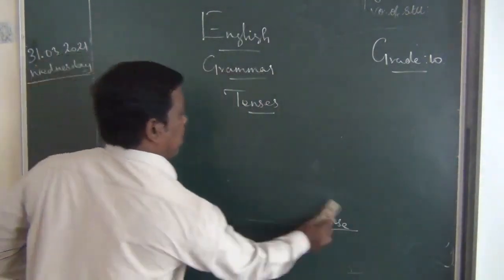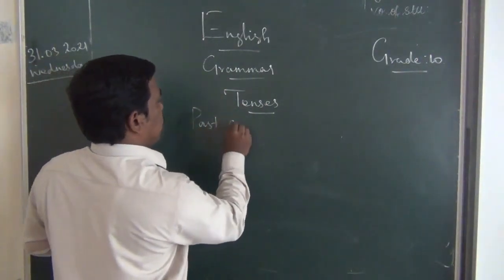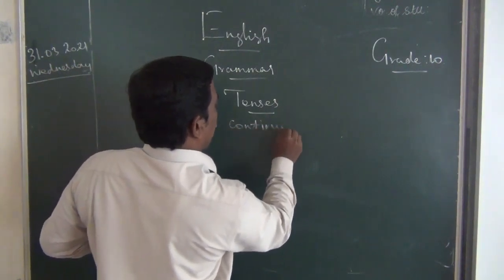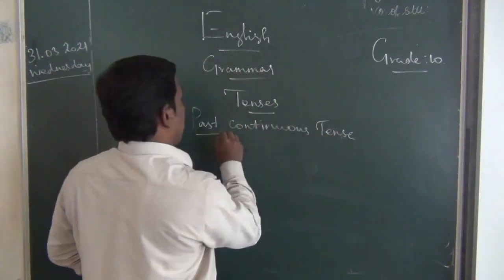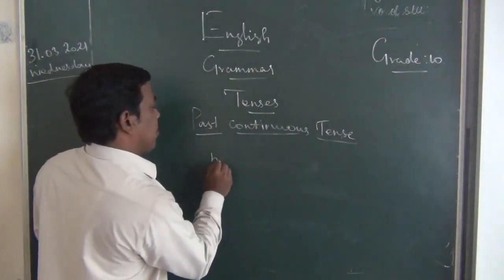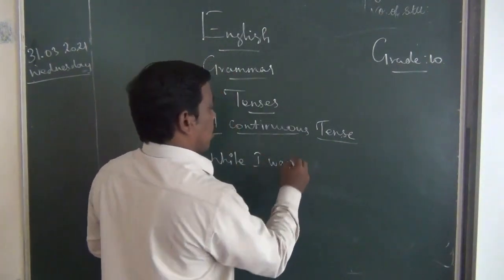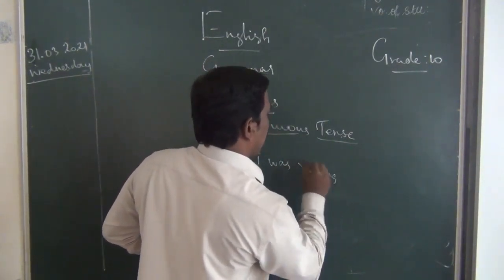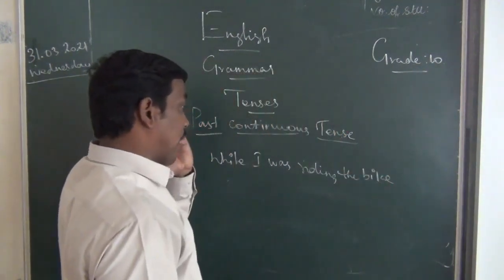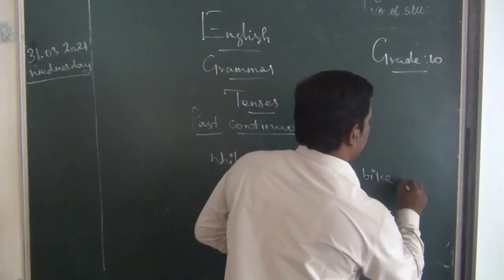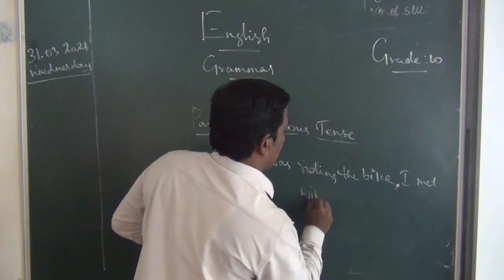For past continuous tense, we should use "when I was" or "while I was". For example: while I was riding the bike, I met with an accident.